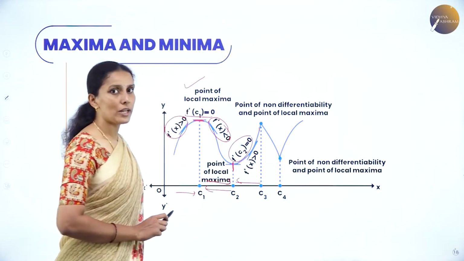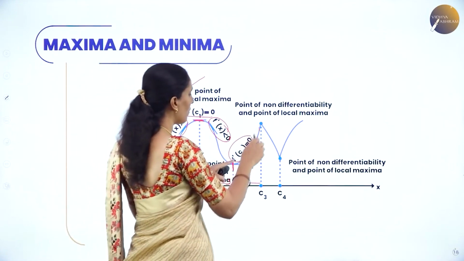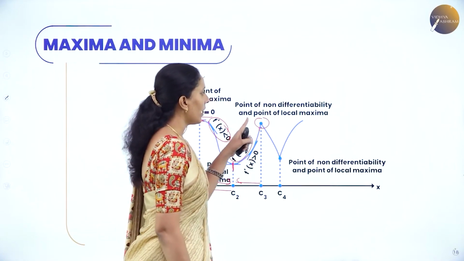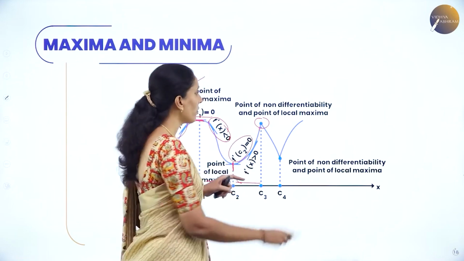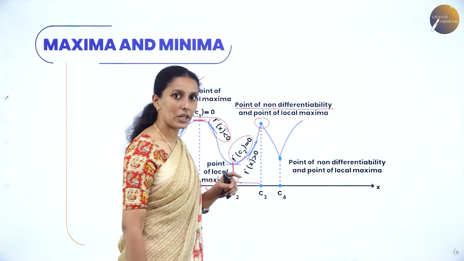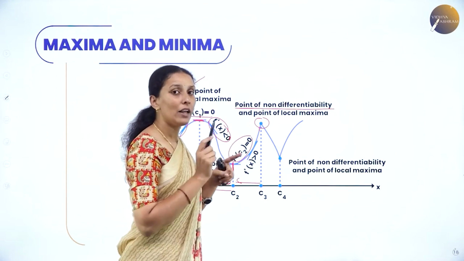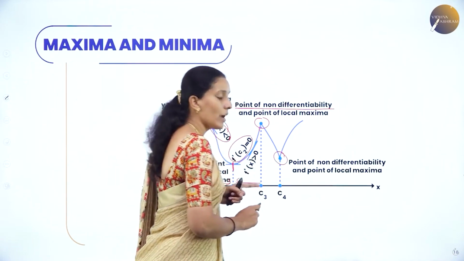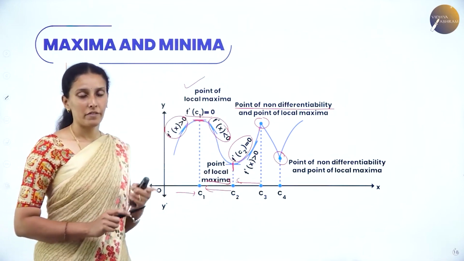This point is called local minima. And for this curve also, increasing then decreasing, this is a point of local maxima, or we call it a point of non-differentiability also. It must not be differentiable at that point. Similarly, this is a point of local minima, or we can call it a point of non-differentiability.